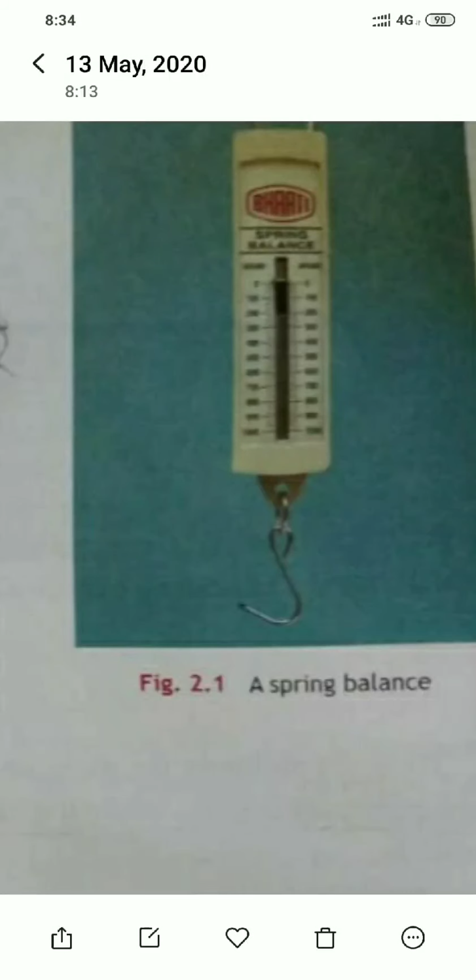So as you suspend any object with this hook, the spring will come down and rest at a particular point, and that particular point on the scale measures the mass of this object.